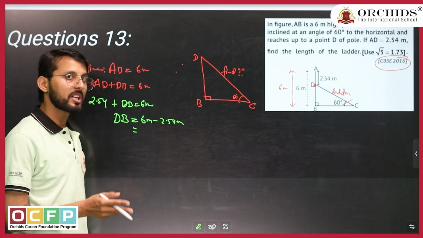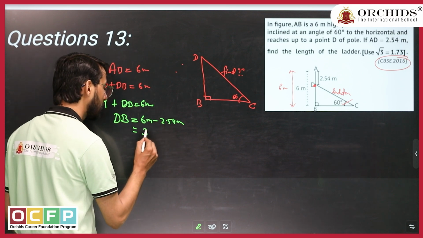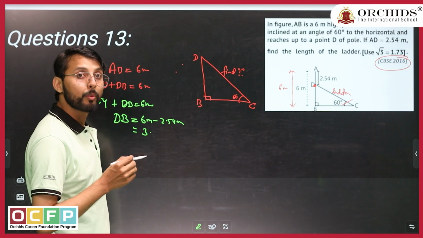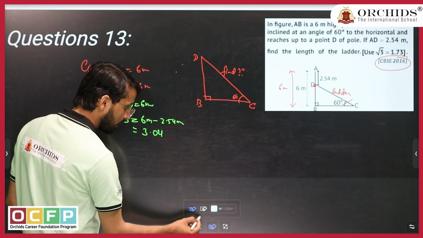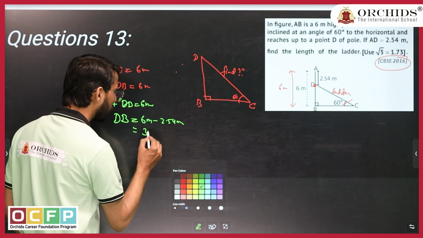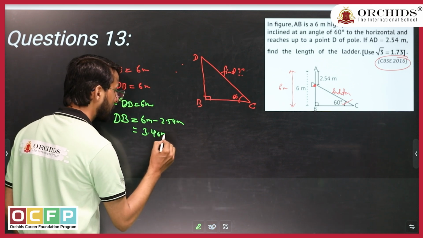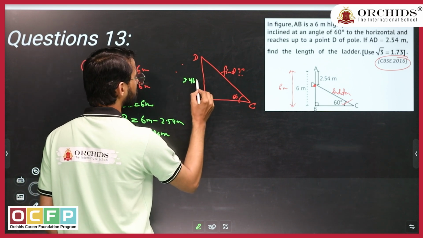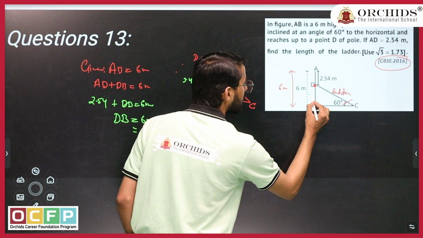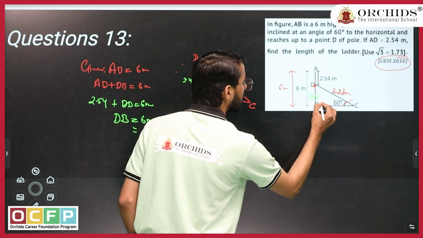Suppose 2.54 is 3, so 6 minus 3 is 3. 0.54 is 0.46 less than 1, so instead of 0 it will come 0.46 meter. So the length of DB you got is 3.46 meters.